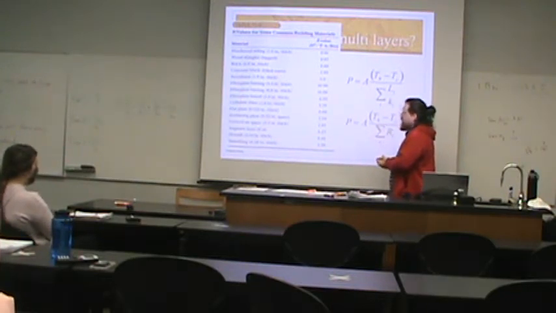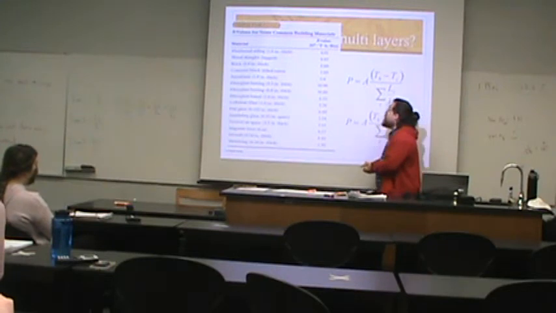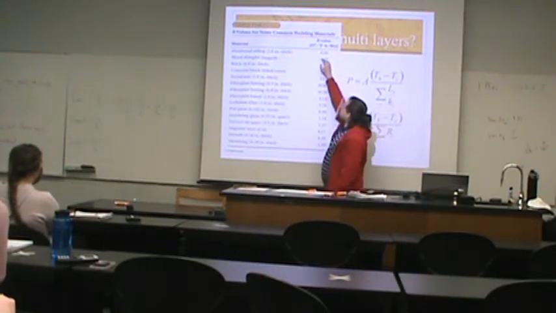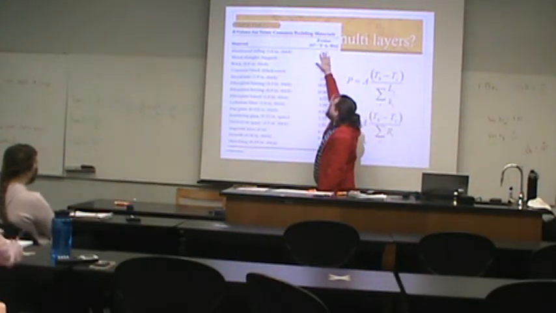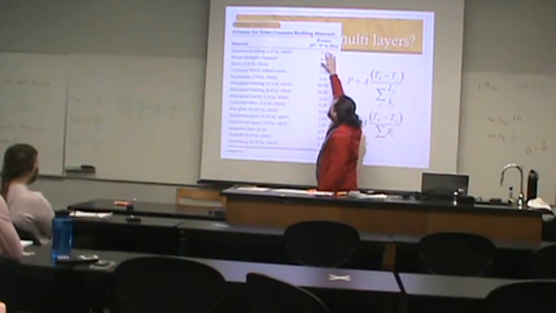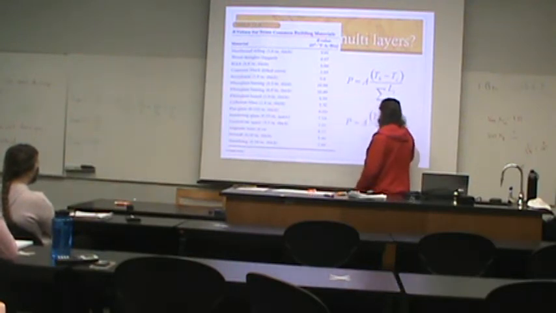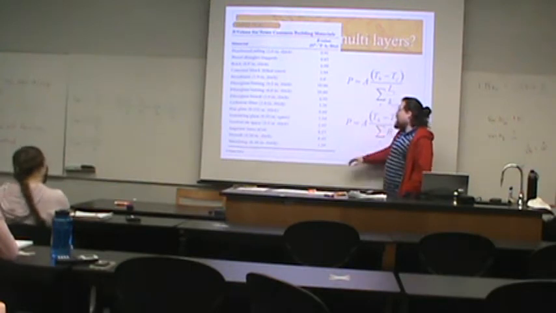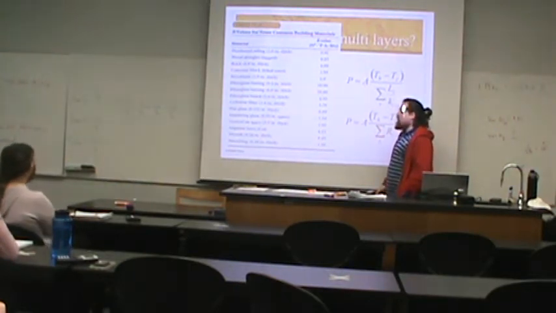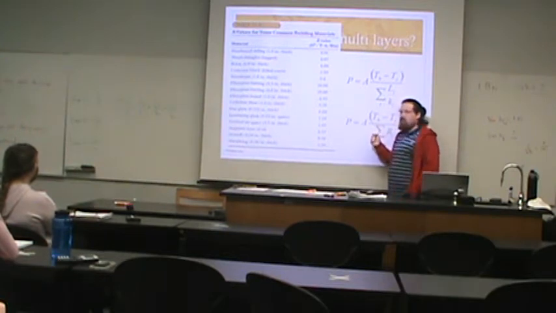And again, because America, these units are feet squared times Fahrenheit times hours divided by British thermal units. So when you work this formula to find power, you don't get watts as joules per second, you get British thermal units per hour.